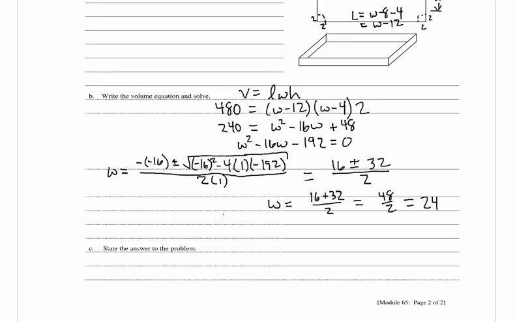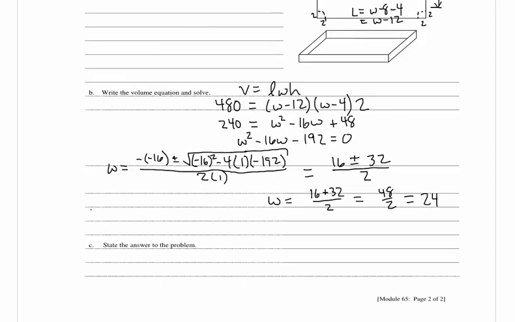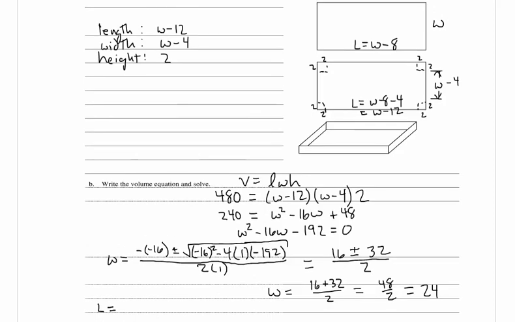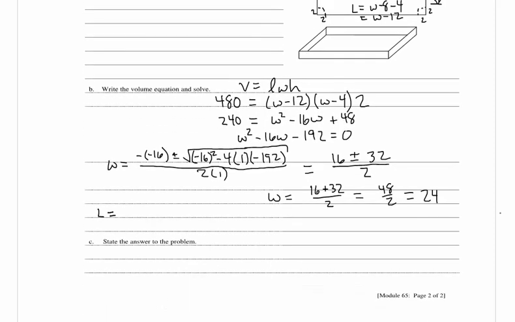And if our width is 24, and remember we're looking for the width and the length of the original piece of cardboard, so length was represented by W minus 8. So we have W minus 8, and this is equal to 24 minus 8, or 16.